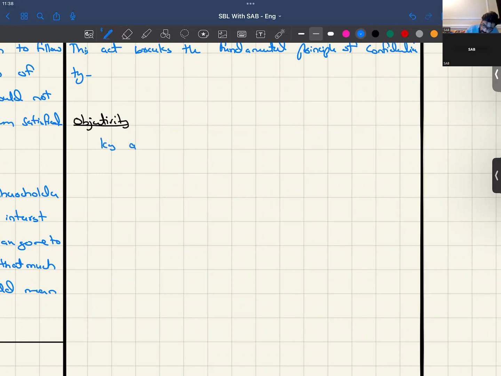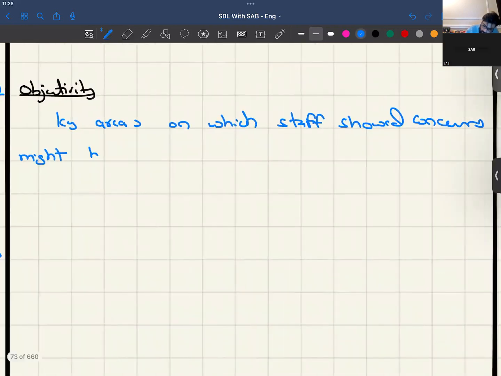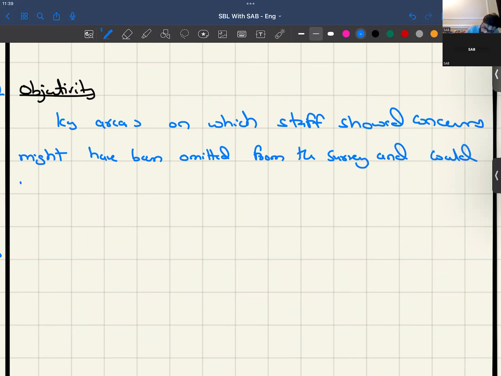And what we could write is that key areas on which staff showed concerns might have been omitted from the survey, and could have dissuaded people from giving negative feedback.